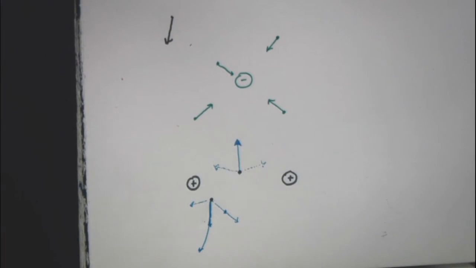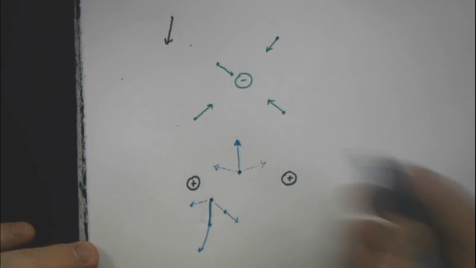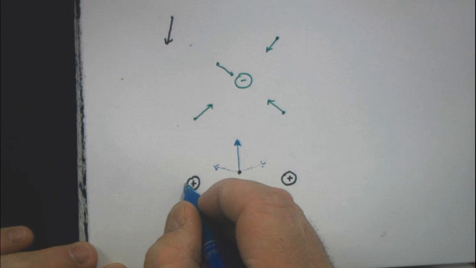So what we're going to start drawing are these field lines, which indicate the path that a positive test charge would take as it's released in this field.